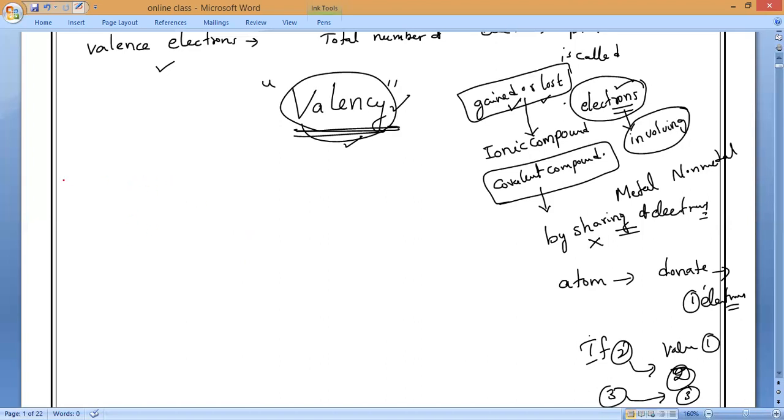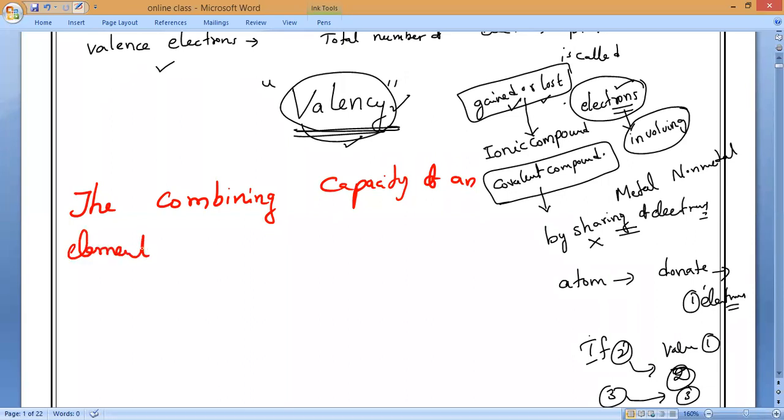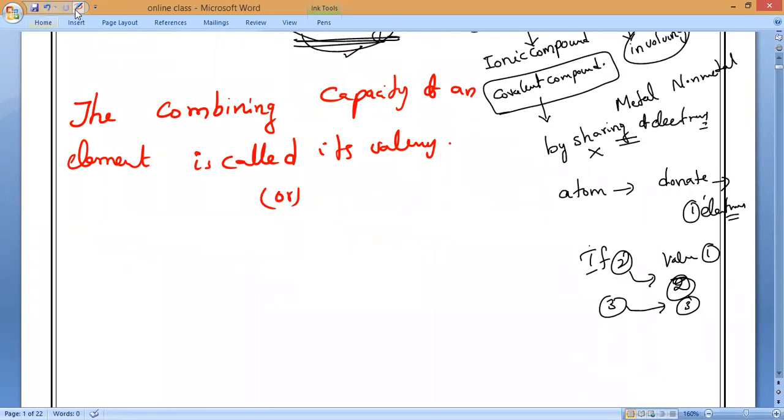So now let us write the definition first. All of you write the definition. The combining capacity of an element is called its valency. This is the simplest definition which you can go with in your exam also.